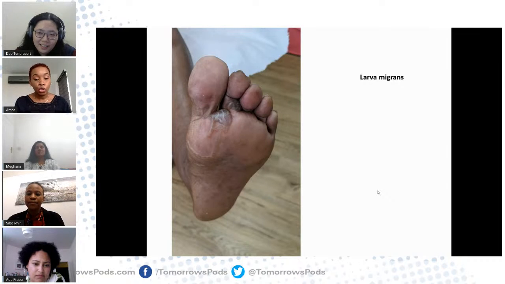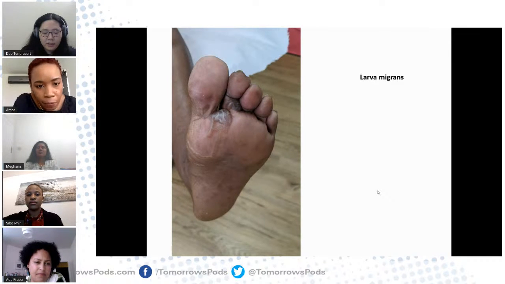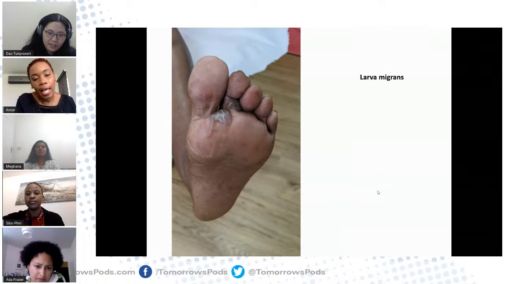It is extremely itchy. So these patients normally would use topical antifungal creams and stuff before they actually present in clinic. But it does migrate and get worse. In this photo, if you look carefully, you can see that it started interdigitally here, and it has gone up underneath her second toe, and then it's starting to come down just below the first metatarsal.